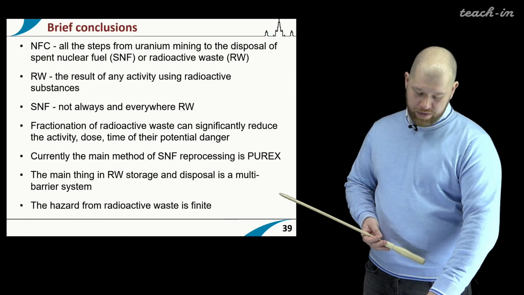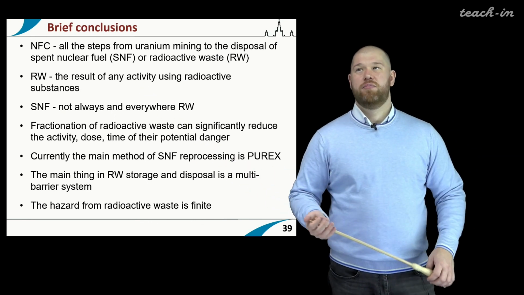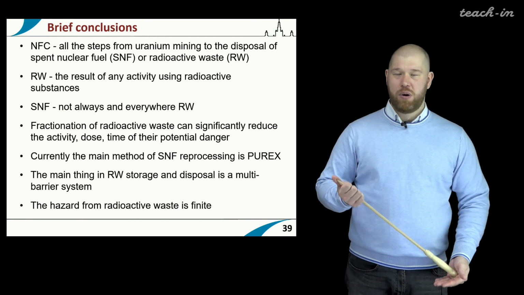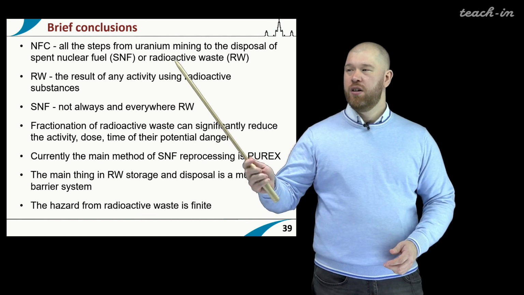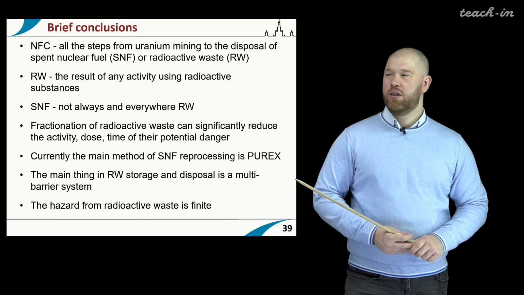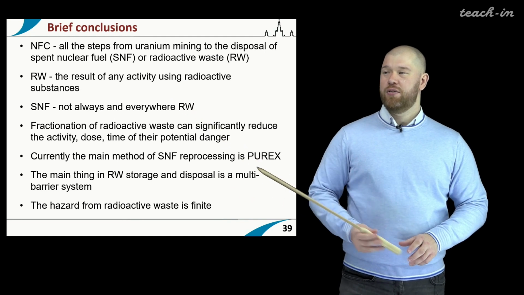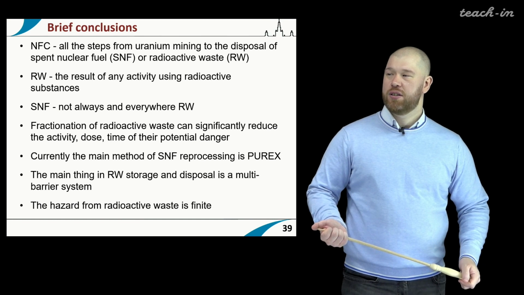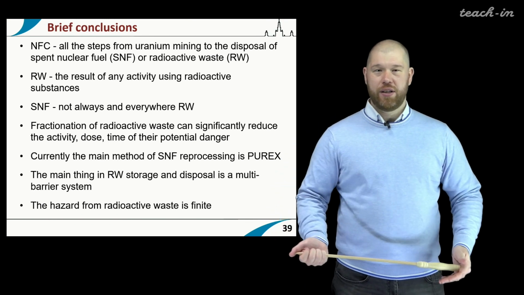So as a brief conclusion, the nuclear fuel cycle, or let's say nuclear energy production, is not only in the nuclear power plant itself, but at all the steps from uranium mining to the disposal of either spent nuclear fuel or high-level radioactive waste. Radioactive waste is the result of any activity using radioactive substances. Spent nuclear fuel is not always radioactive waste.